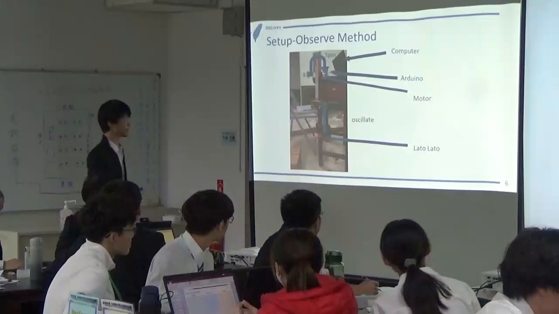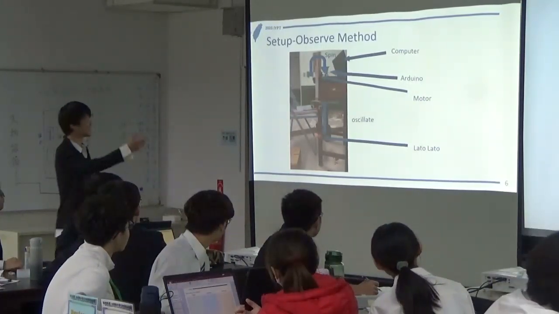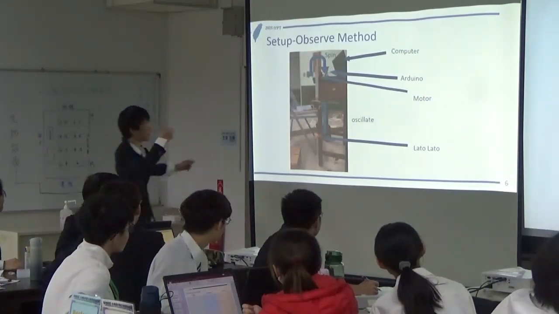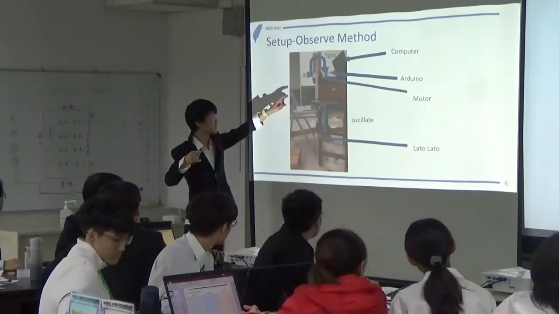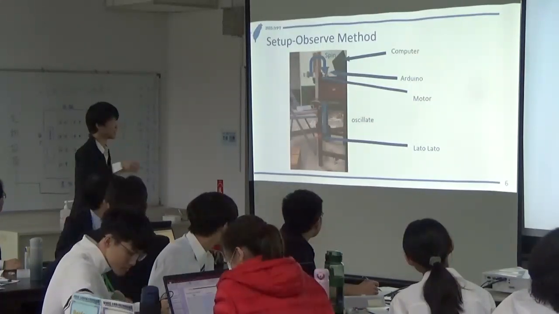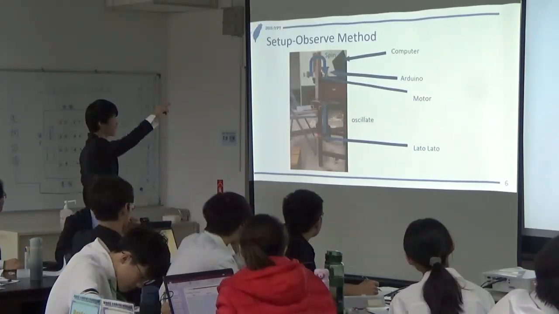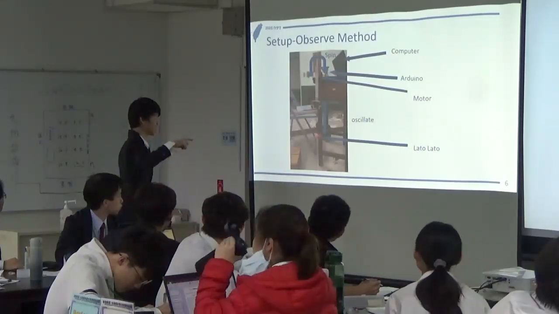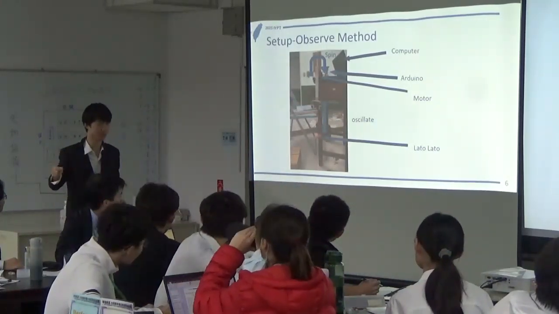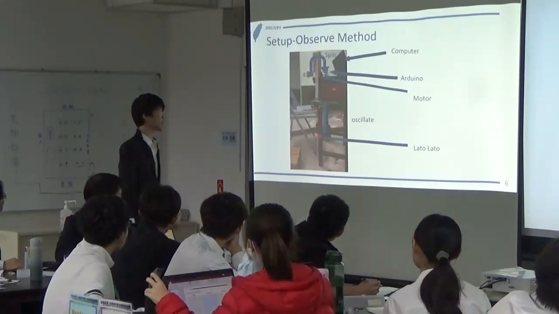Then it's our experimental setup. We use a motor to get the driving force, and the driving force can be approximated as F equals sine omega t, where omega is the frequency of the motor.